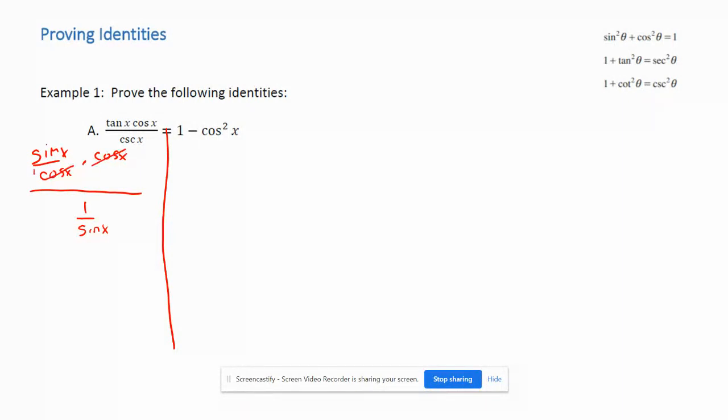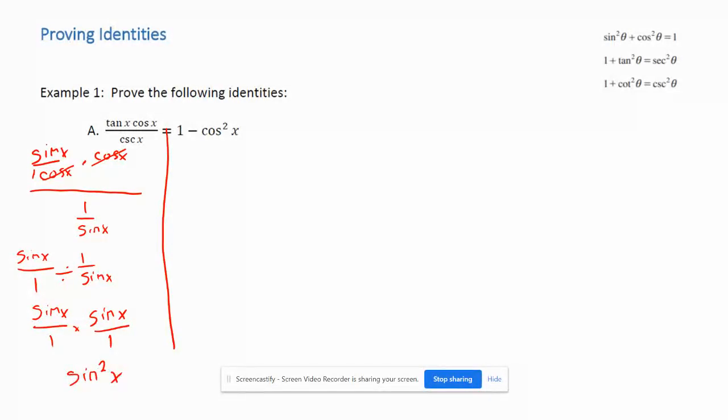And then we're left with sine x over 1 divided by 1 over sine x. So it means we can multiply by the reciprocal. And that gives us sine squared x.